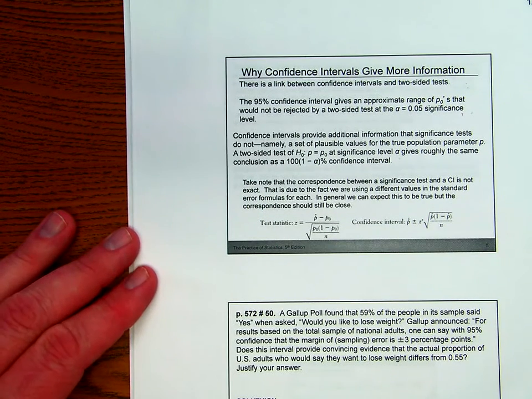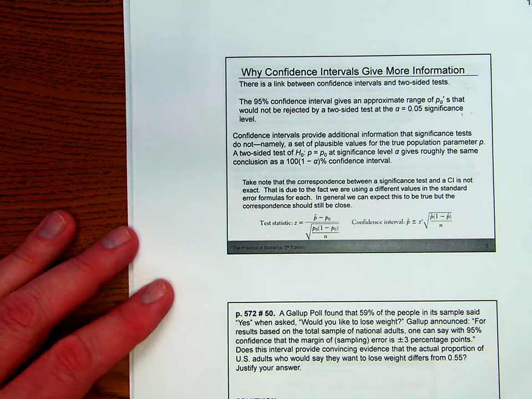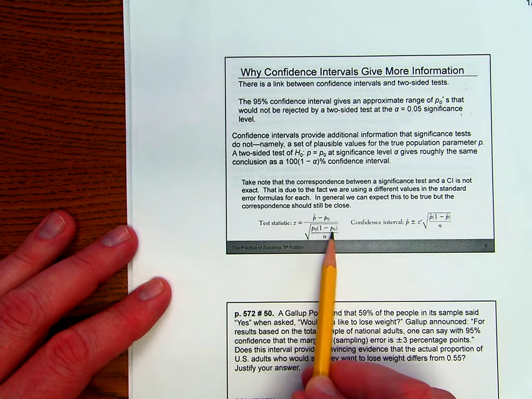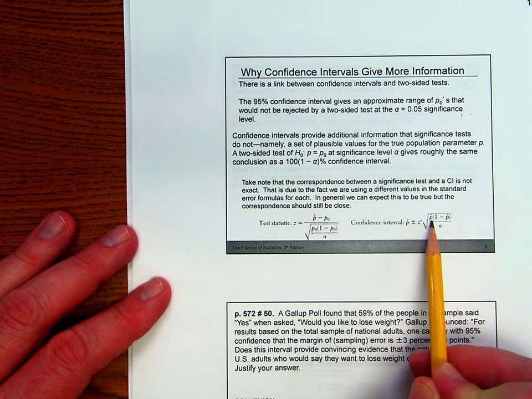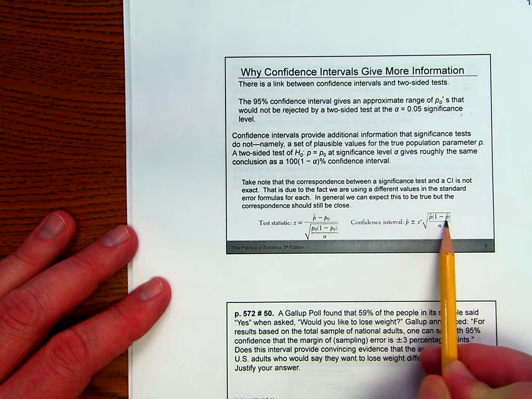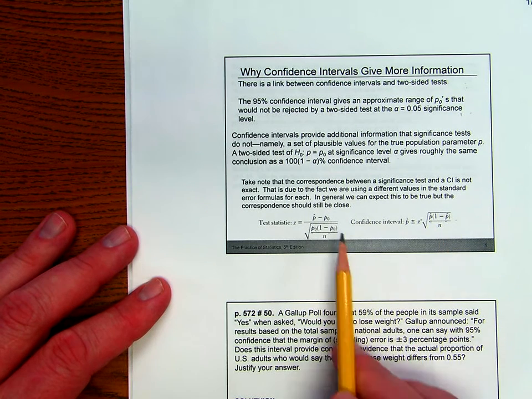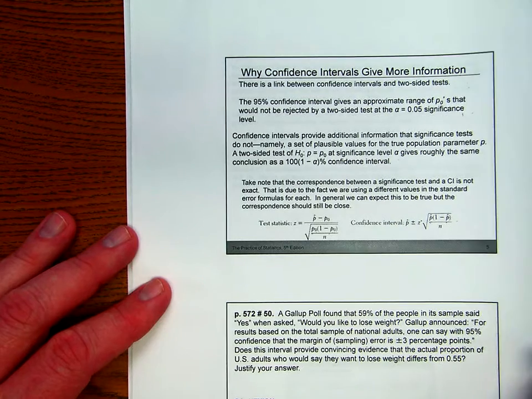Okay, the reason why it's roughly and not exactly is that in our test statistic, we're working off the p's from our H0 and our Ha, and in the confidence interval we're working off the p-hats. So because these are slightly different, the results can be slightly different.